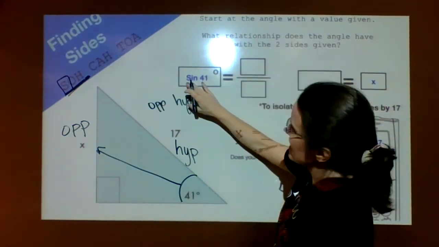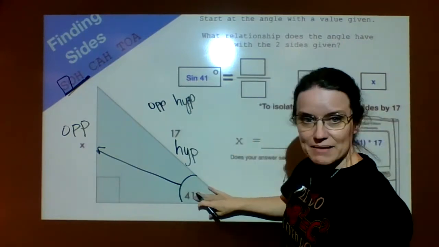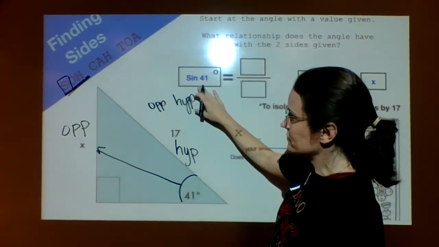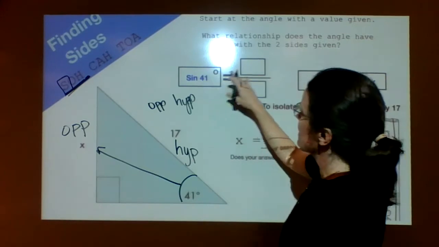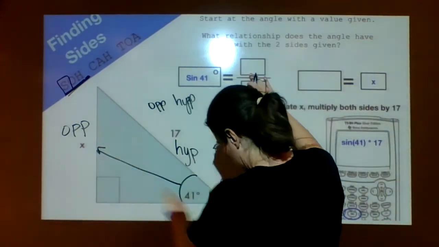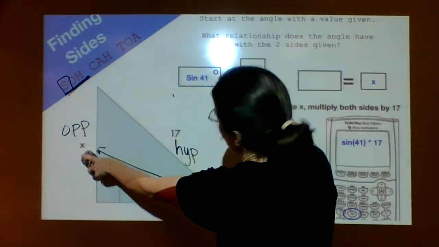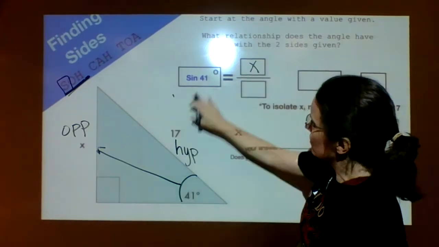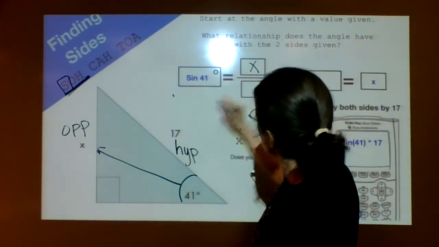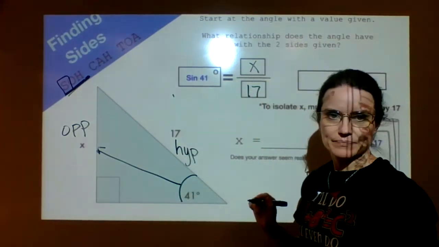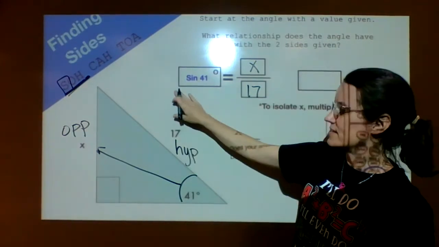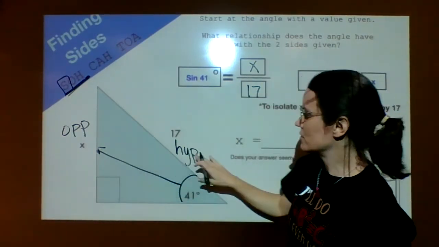And so I'm going to take the sine of that mystery angle, 41, and it's going to be equal to whatever this opposite side is, x, over whatever my hypotenuse is, 17. So I took the sine, the opposite over hypotenuse, and I put the pieces that my triangle gave me.